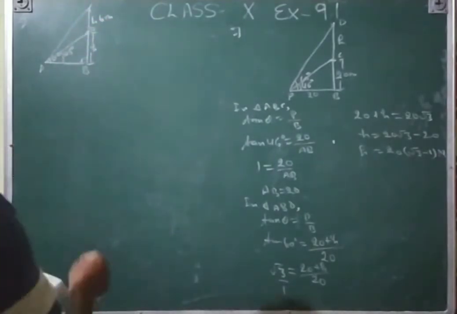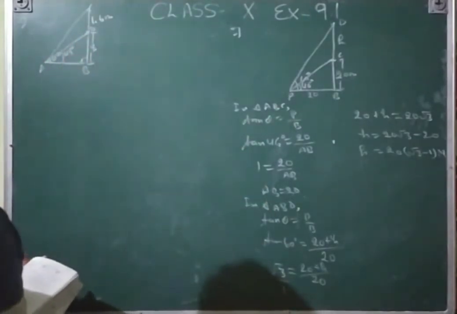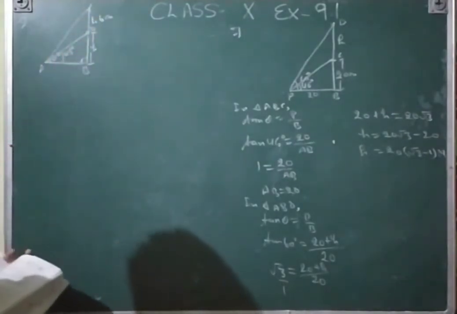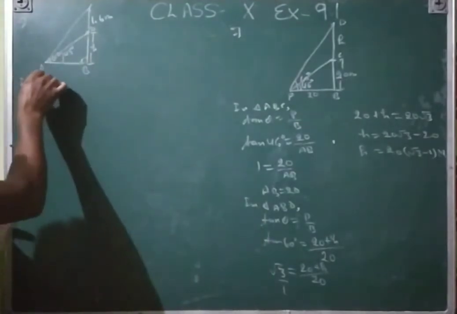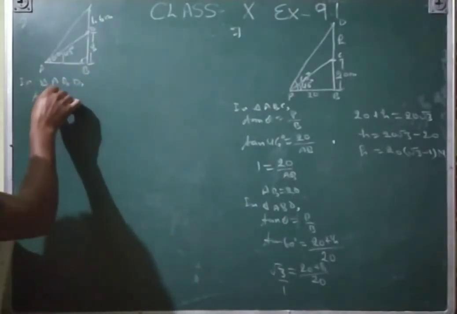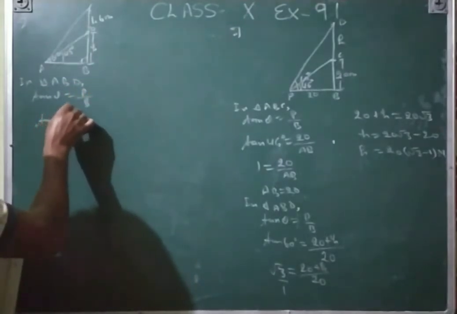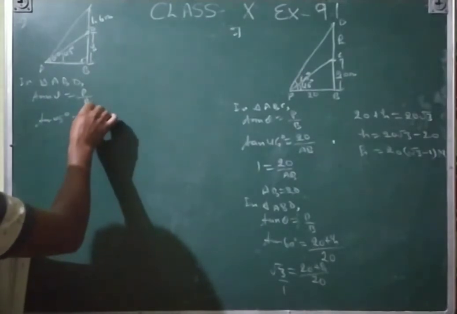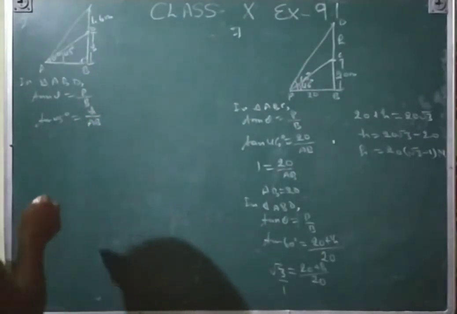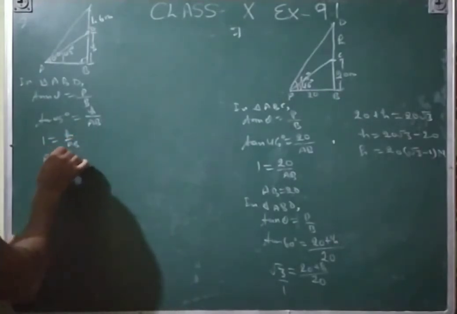First of all, you apply in triangle ABD, similarly like this ABC, and then after you apply in ABC, so their answer must become okay. See, in triangle ABD, tan theta is equal to perpendicular upon base. So tan 45 is equal to perpendicular, which we have written here as h, upon base AB. The value of tan 45 is 1, so AB is equal to h.